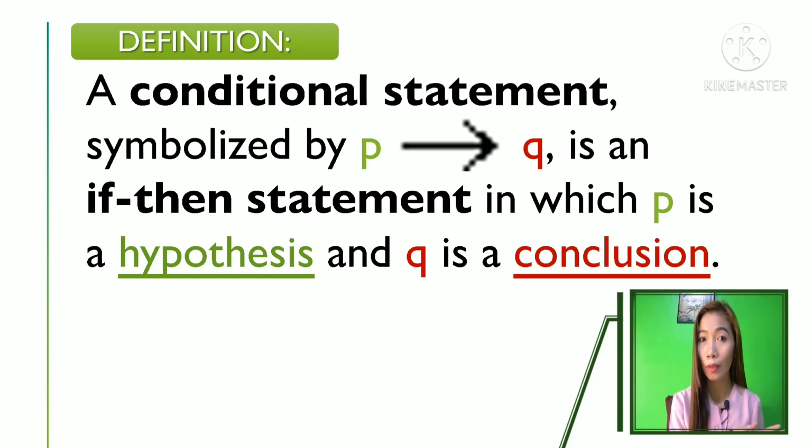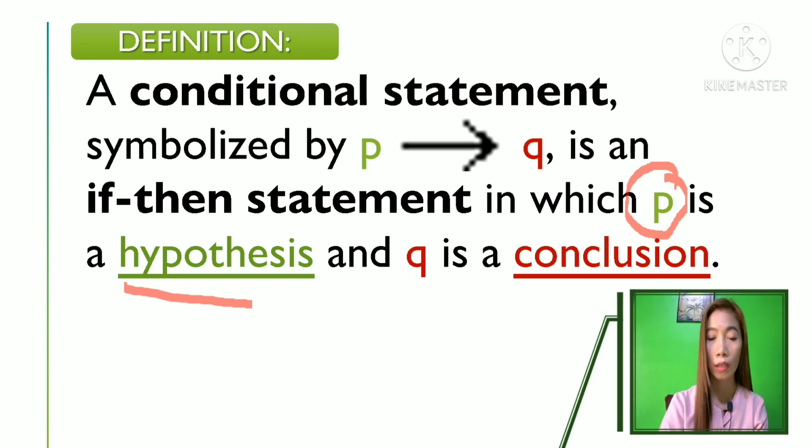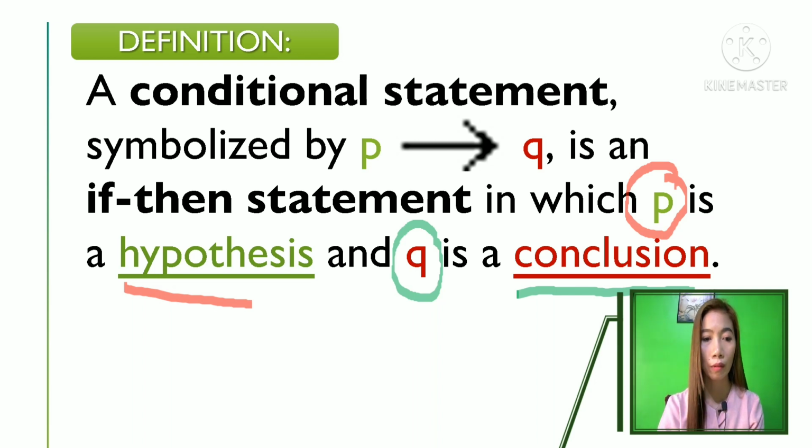Itong if-then statement na to, meron siyang two parts. So the if part is the hypothesis, and this hypothesis is denoted by variable P, and we have the conclusion, that is the then part, the conclusion is denoted by the variable Q. So to make it simple, in a conditional statement, we have the words or the clause if and then.